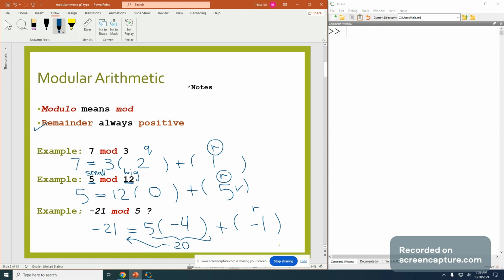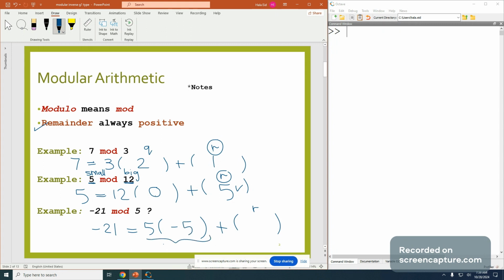So the trick, if it doesn't work, if you end up getting a negative number as a remainder, just go to the next number. In this case, it's going to be negative 5. So we're going to redo this. So I'll try negative 5.